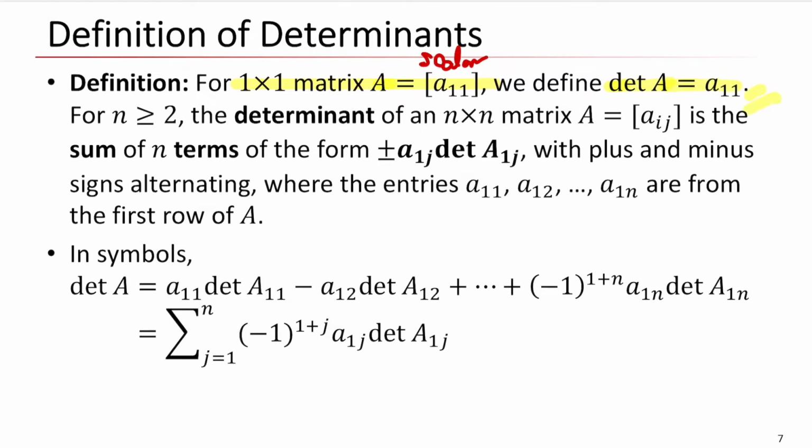Okay, then for n larger than or equal to 2, the determinant of the n by n matrix is the sum of n terms of the form plus or minus a1j determinant A1j, with a plus minus sign alternating, where the entries a11, a12, ..., a1n are from the first row of the matrix A.